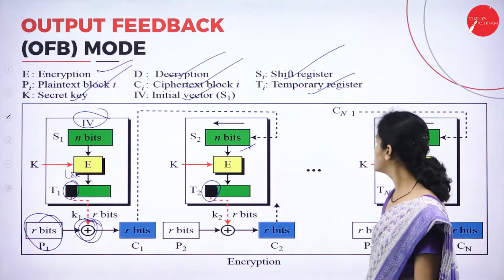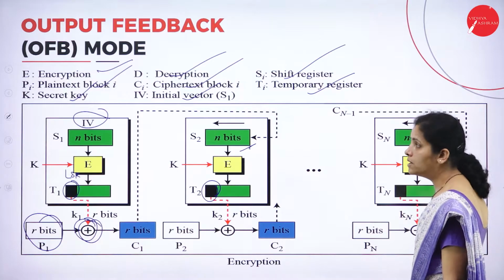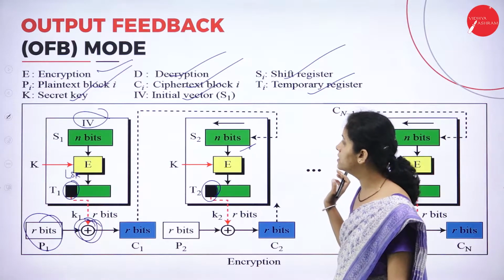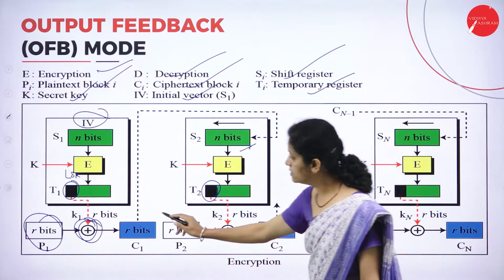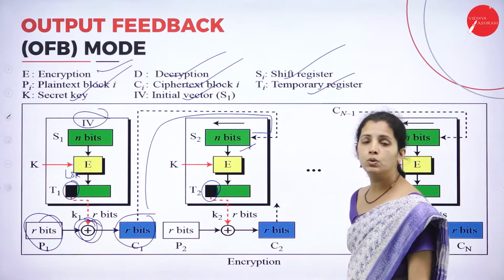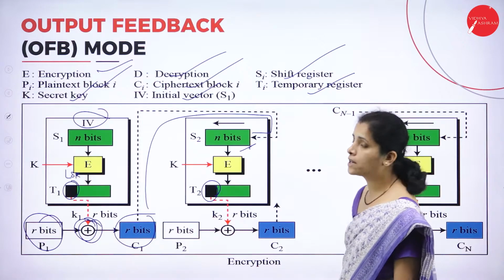Now perform the XOR operation, and this is going to continue till the end block. This is the way output feedback mode works. So here, this output is given as the input to the next block, which is known as output feedback mode.